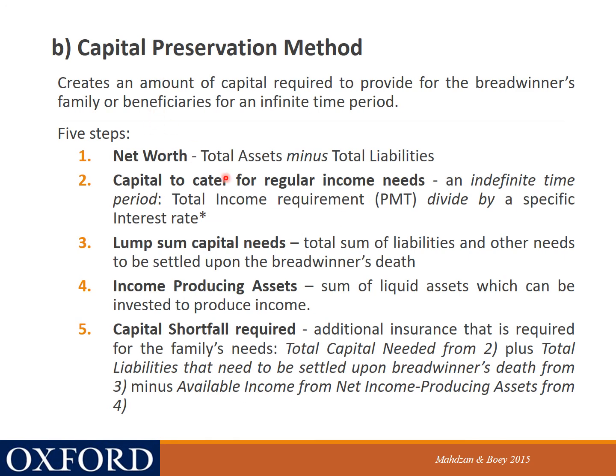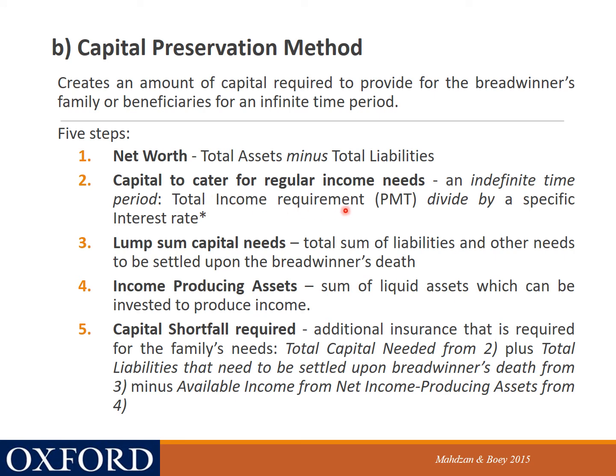Another type of needs-based approach is the capital preservation method. So the only difference compared to the capital liquidation method is item number 2, whereby we will assume that the capital is required for an indefinite time period.